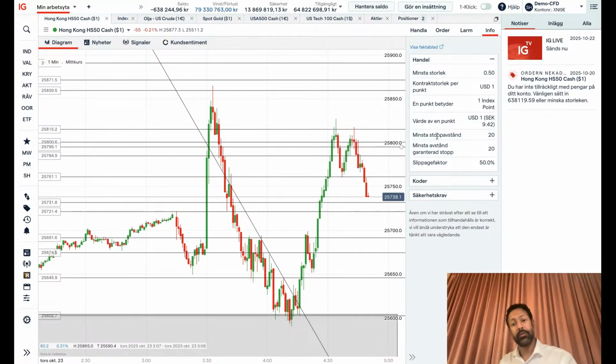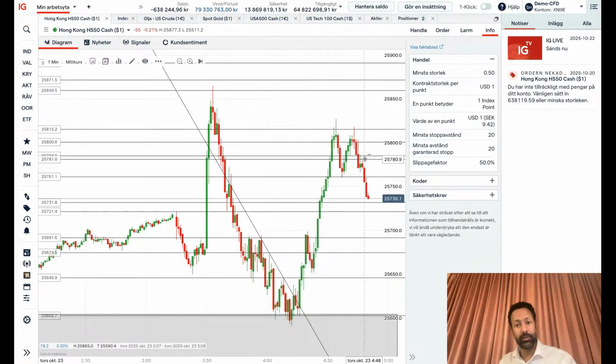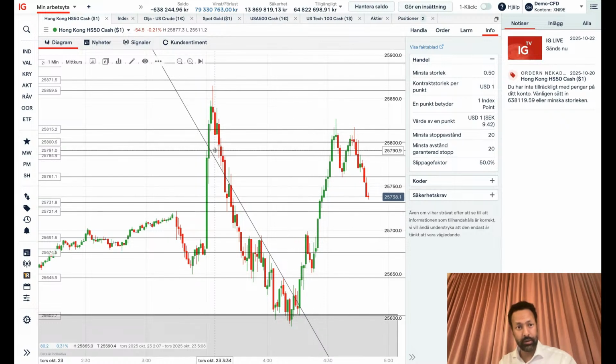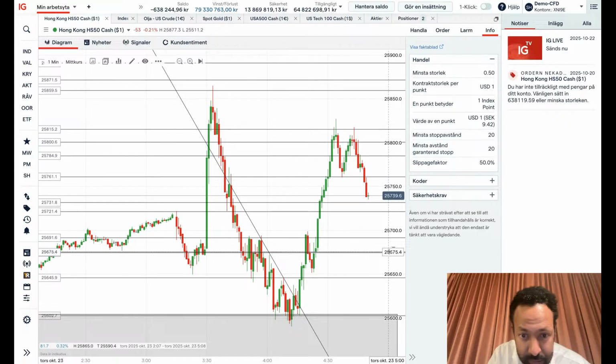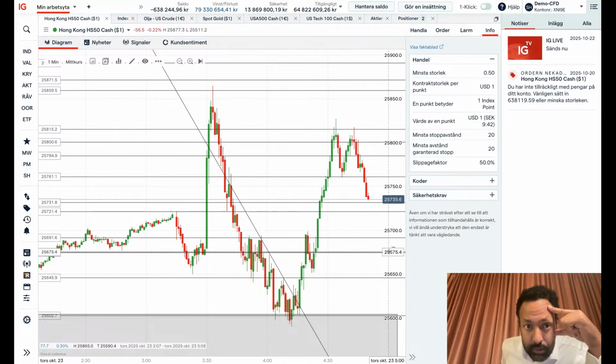So this could go all the way down. Who knows? I don't know. I don't know if we're going up or down anymore either. Let's have it hit at least my first line here then. Around 24. 15.